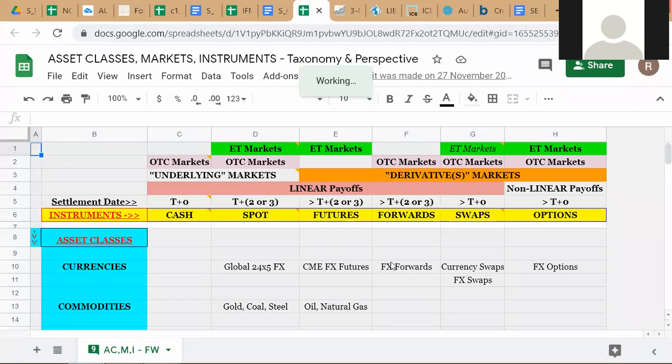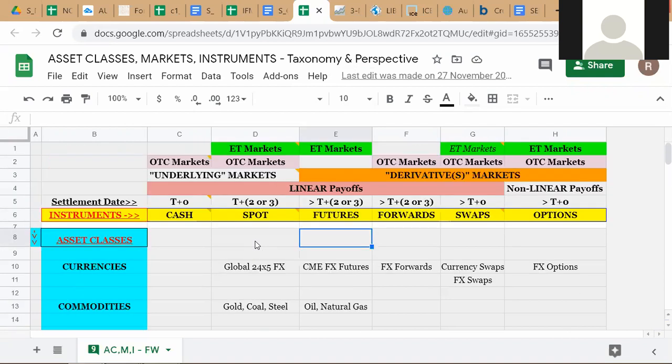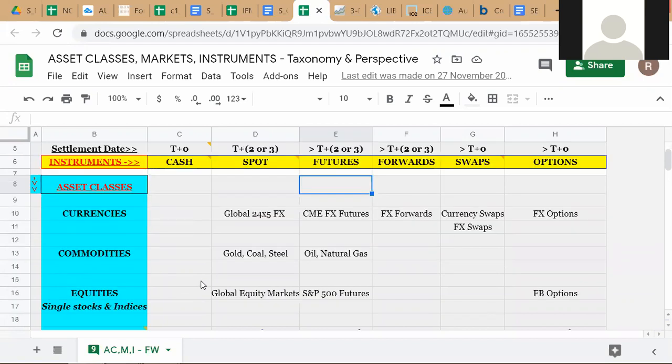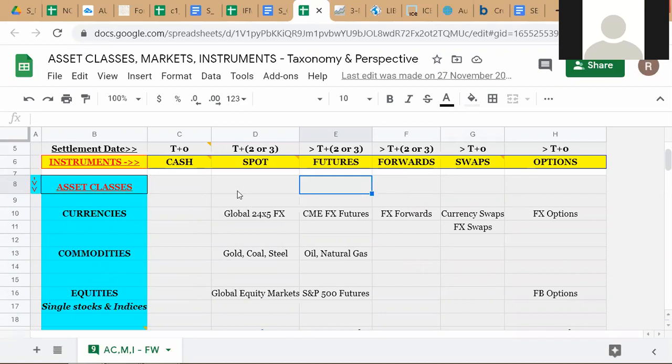So if you remember, we have a taxonomy of risks where we have market risk, credit risk, operational risk, legal regulatory risk, liquidity financing risk, etc. In treasury risk management, we are concerned mainly with credit risk and market risk, and most importantly with market risk. But when you're looking at market risk, you have to split it up further in this manner. You have to go asset class by asset class, and instrument by instrument. This is how you analyze market risk.